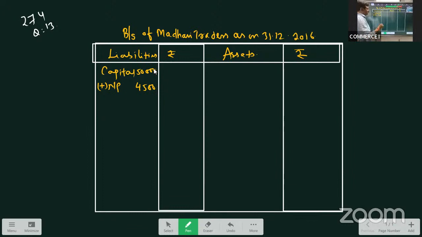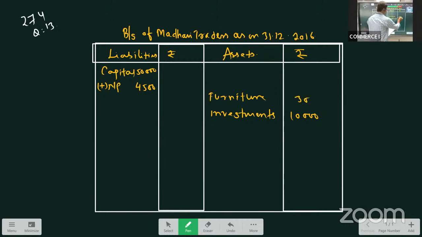Next, investments. Investments are assets, 10,000. Furniture is also a fixed asset, 3,000. Machinery is also an asset, 14,500.